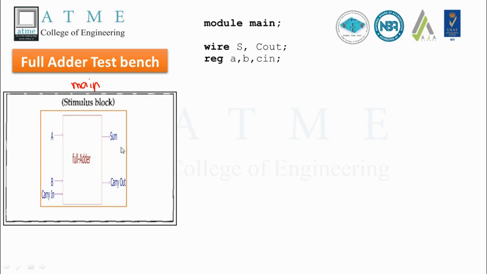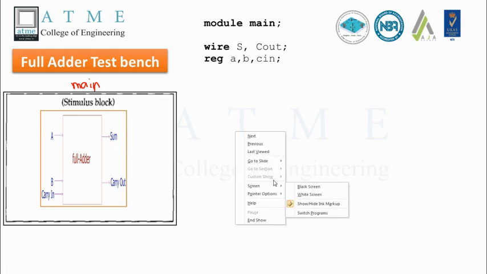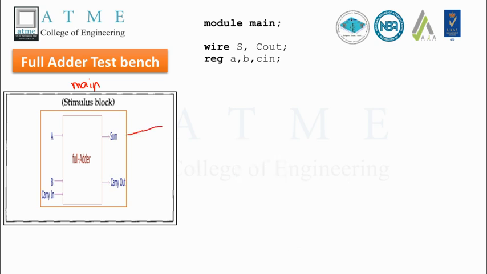Therefore I declared S and C out, which are supposed to be connected to sum and carry out. These two are the wire type. Likewise, I need to connect variables for A, B, and carry in from the stimulus block.